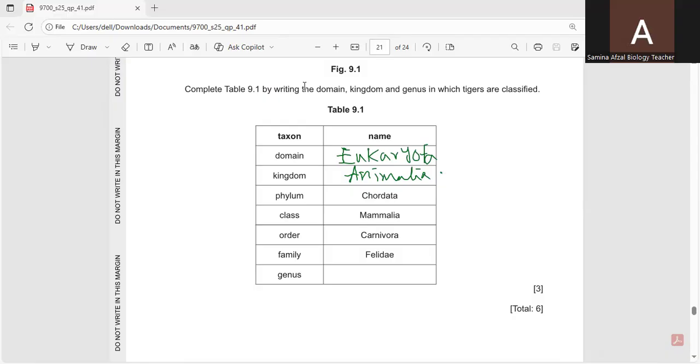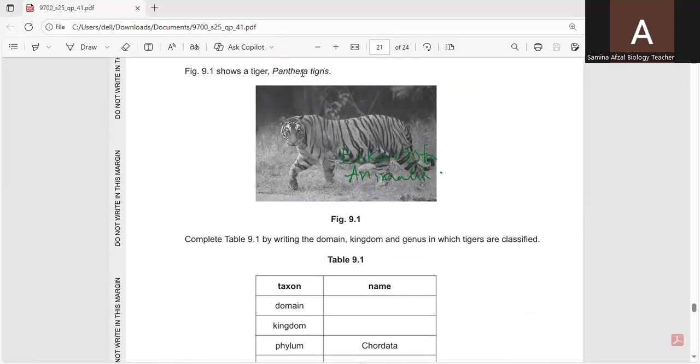We have to write its genus. Panthera tigris shows that Panthera is the genus name and tigris is the species name.